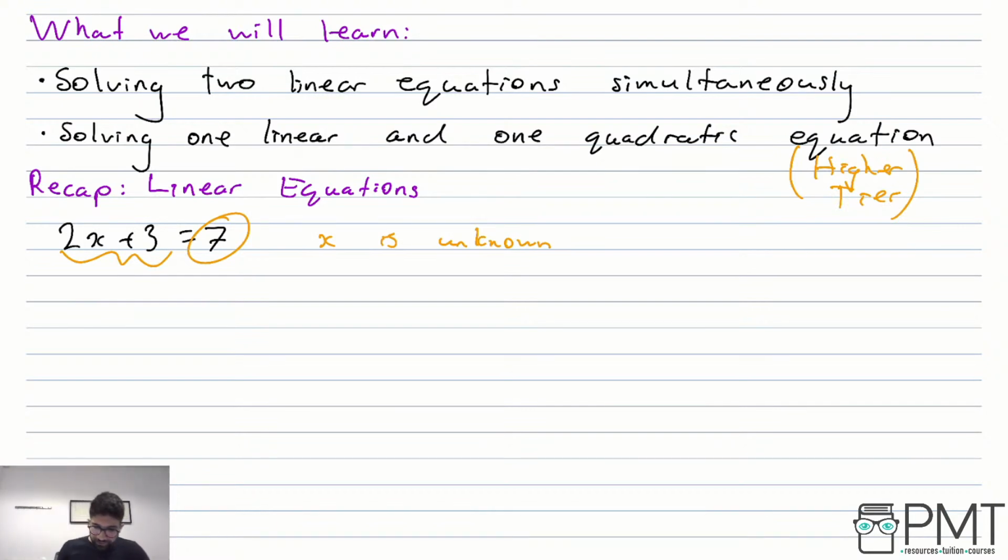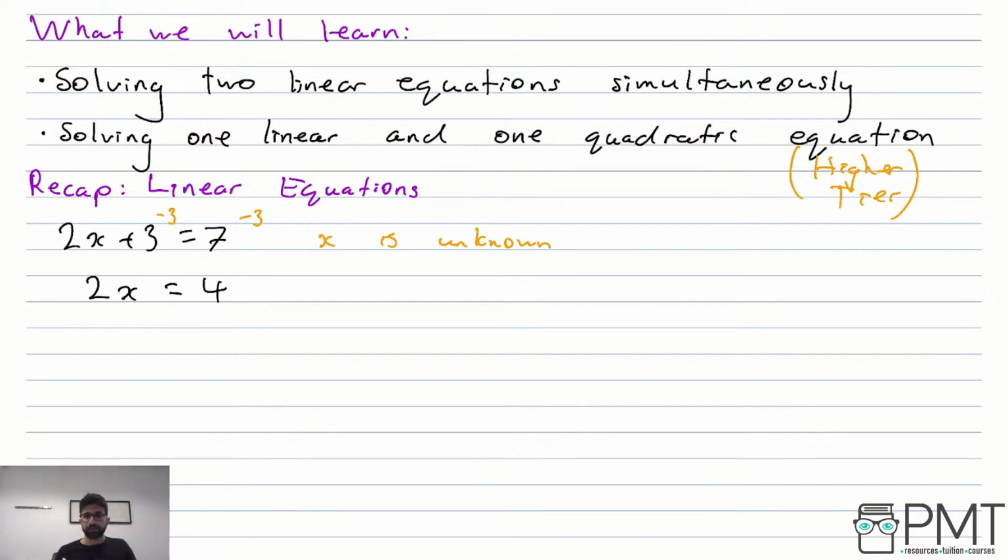And to do this, let's see how we solve just a regular equation. The idea is leaving x on its own. So the first thing to do would be taking 3 away from both sides. That will give you 2x is equal to 7 minus 3, which is 4.